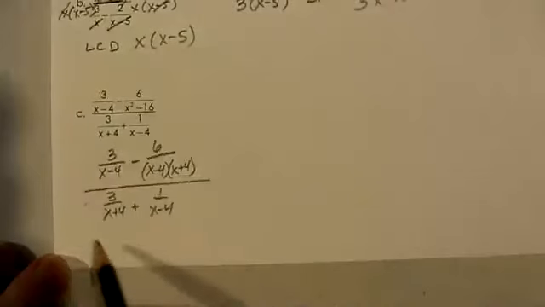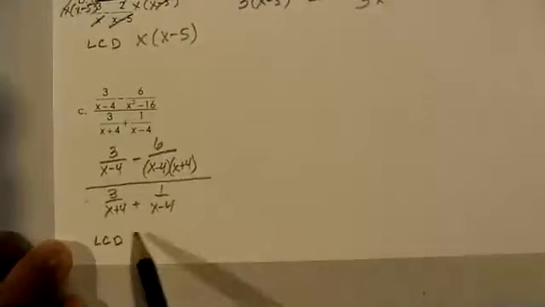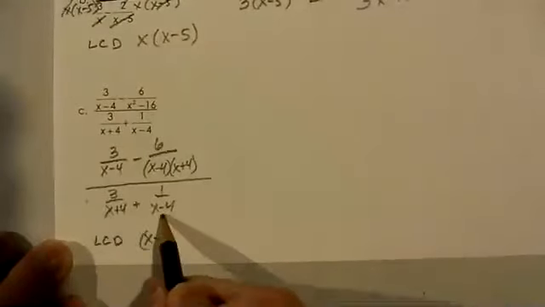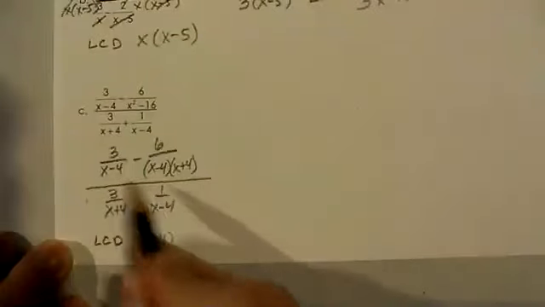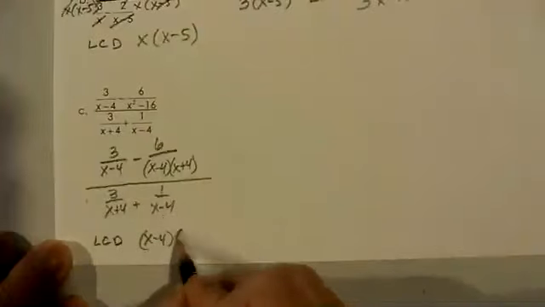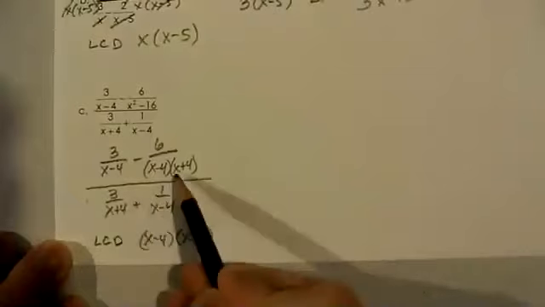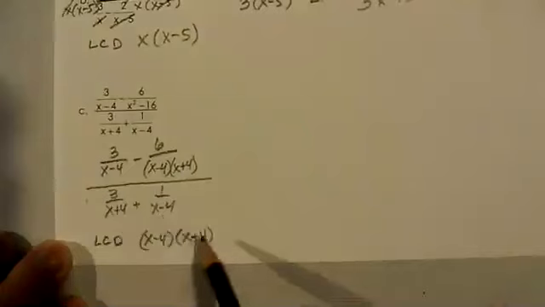So now if we look for the LCD, we have an x minus 4 as a term. It happens to be in a few of them. We have an x plus 4, that's another denominator, and that's in a couple of them. You don't have to write it for every time it's in there.